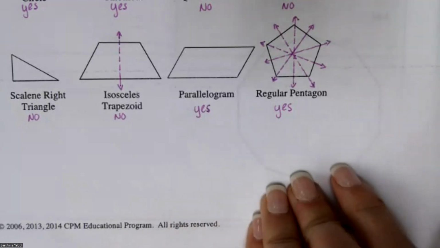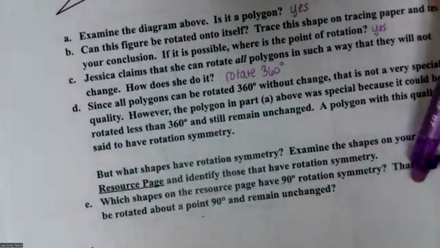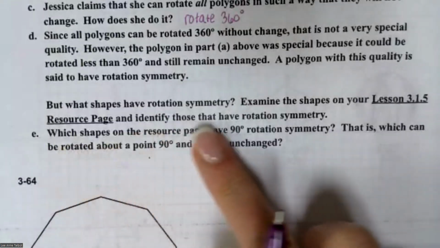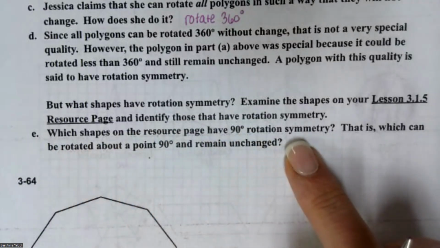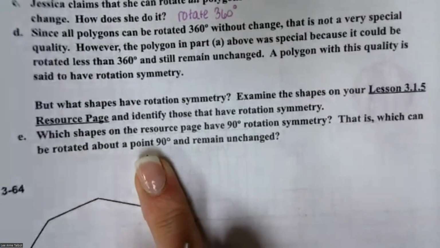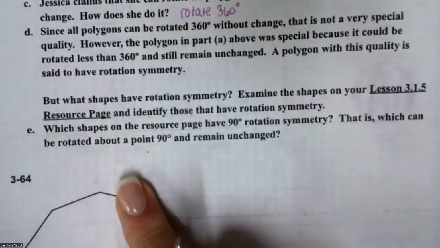Okay, now flip back over to the other page. E, last one. What shapes on the resource page have 90-degree rotation symmetry? That is, which can be rotated around about a point 90 degrees and remain unchanged.